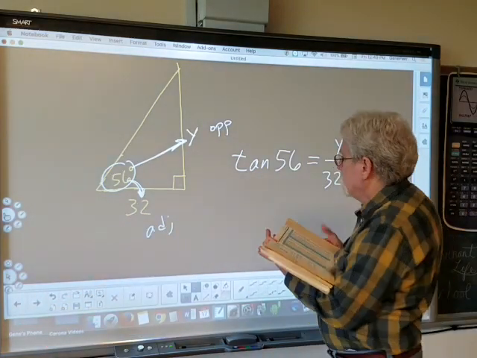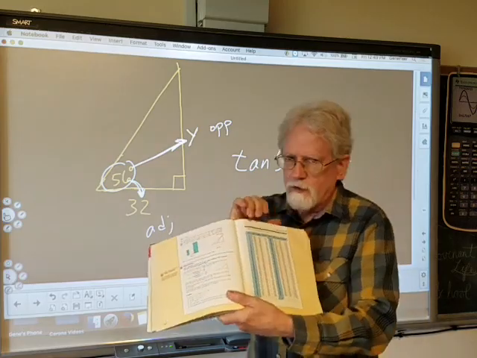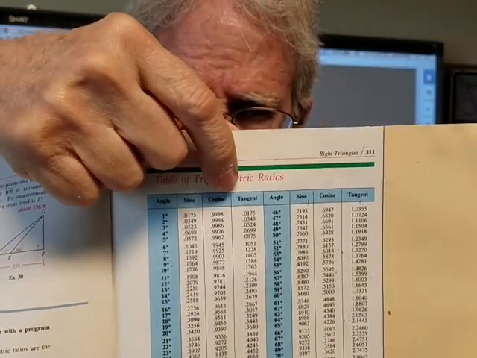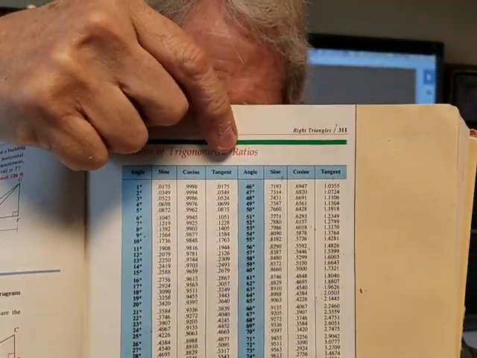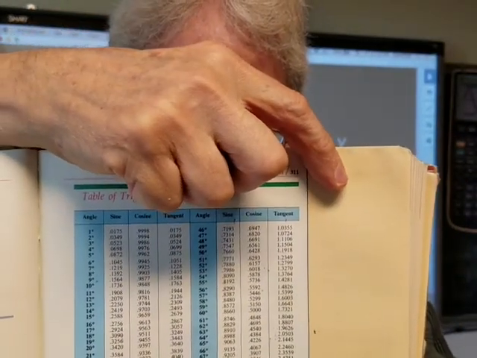But if I go to the tangent column, you will see here in the book that we have a column called sine, a column called cosine, which we have not gotten to yet, and then a column called tangent. And those same 3 words are repeated on the other side.